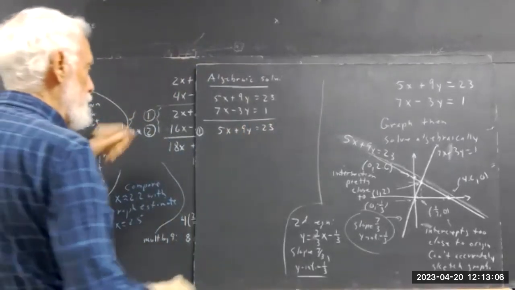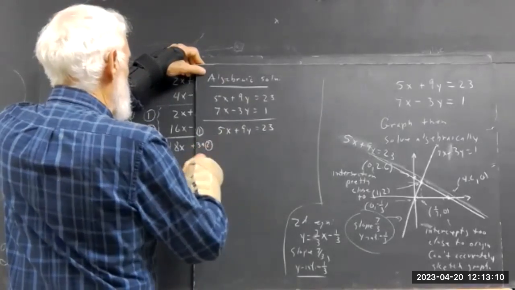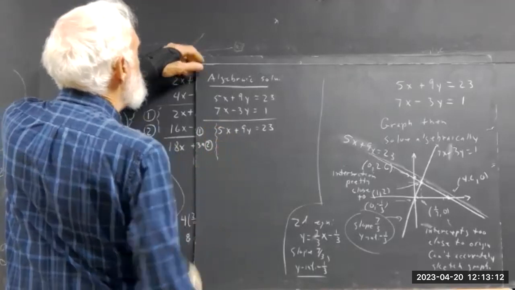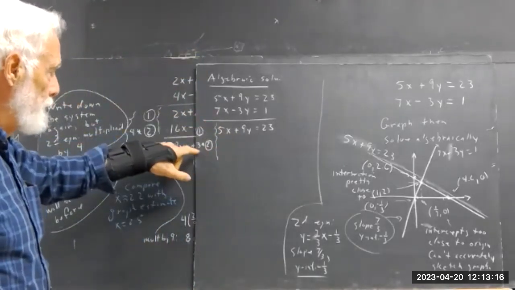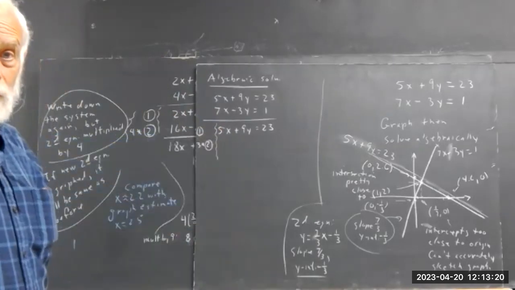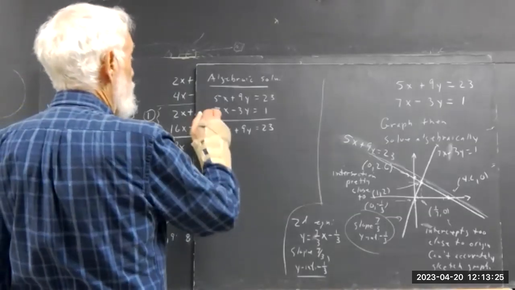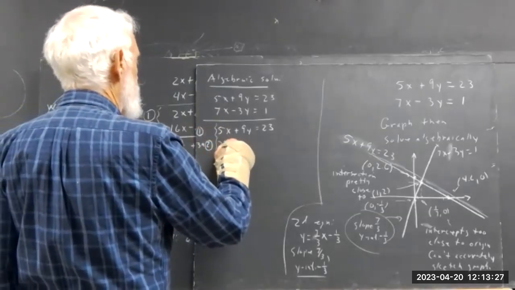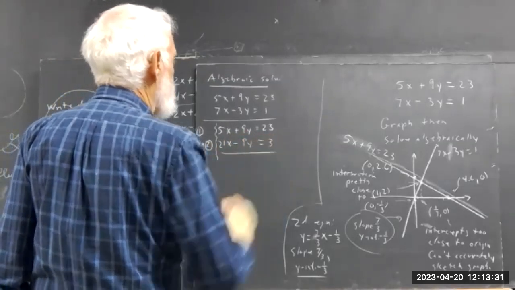And then for the second equation, I say, well, we do 3 times equation 2. Then I put a little wavy line between this and this so that we don't confuse these numbers with something in the equation. So we multiply this equation by 3, we get 21x minus 9y equals 3.